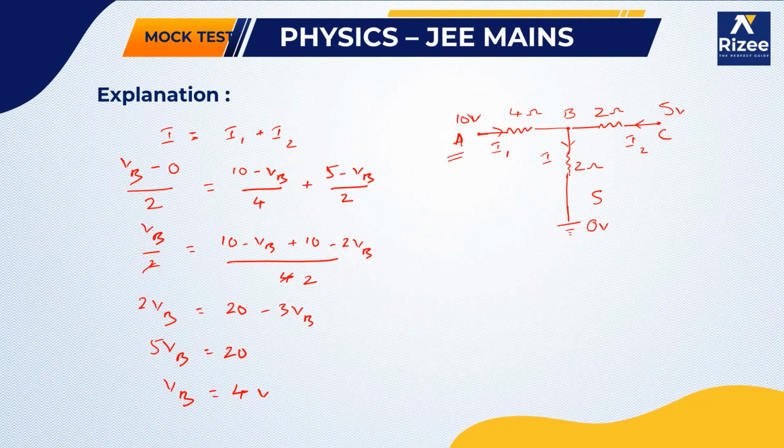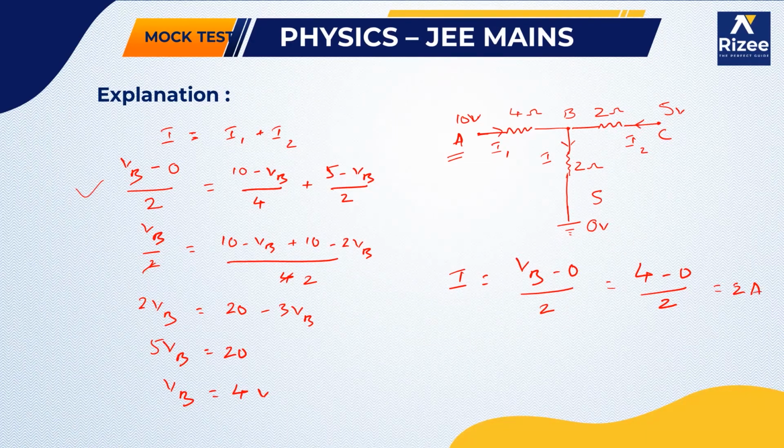Now, what is he asking in the question? Just go through that one. When the switch is closed, what is the current going to be? The current I is VB minus 0 by 2, which is 4 minus 0 by 2, that comes out to be 2 amperes, the current that will be flowing into the earth.